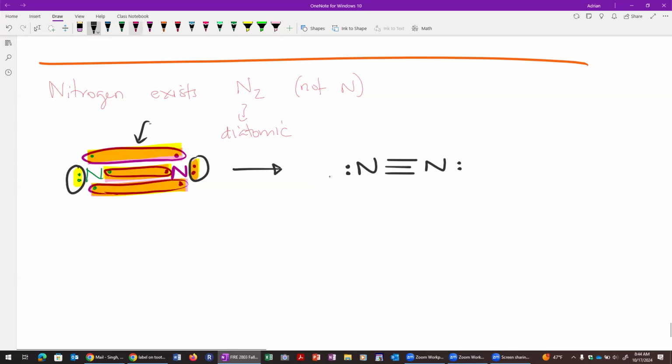So the nitrogens are connected by 3 lines, and that's called a triple bond. In a triple bond, in total, we have 6 electrons that are shared. Remember, we still have our lone pairs or non-bonding pairs left over. And that's why nitrogen exists as N2.